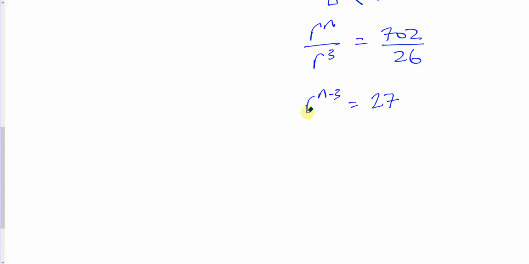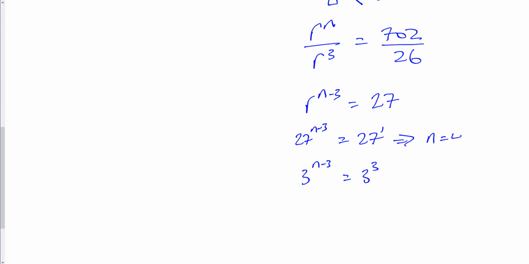So I can think of ways to solve this using exponential equations. I know that, for example, if r is 27, then this would work. Also, if r is 3, this would also work, because 27 can be expressed as 3 to the power of 3. In this case, n minus 3 equals 1, so n would equal 4.